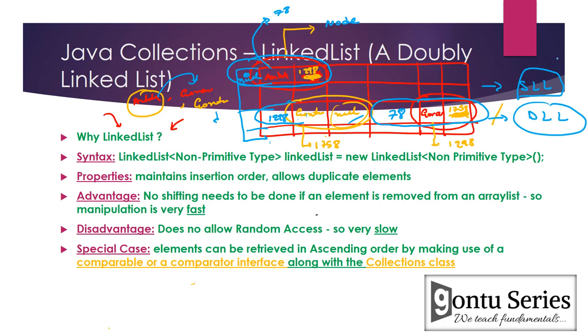But this facility is not available in SLL. In SLL, you can always move in the forward direction. But in DLL, you can move in the forward and also backward. So this is the concept of a linked list.